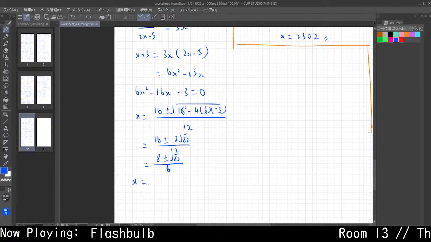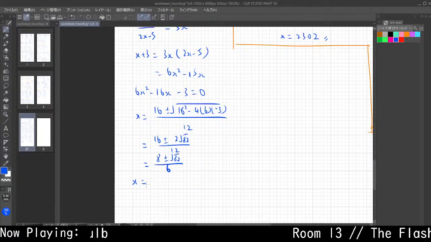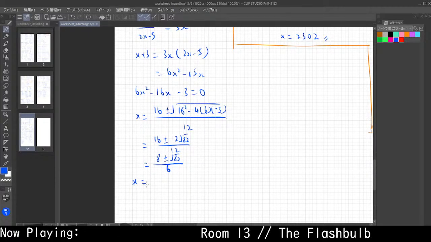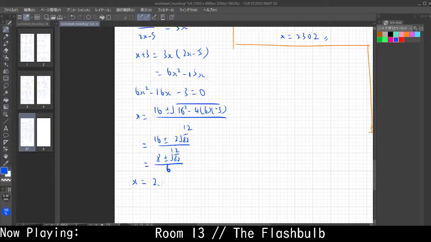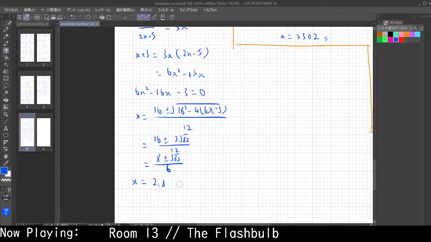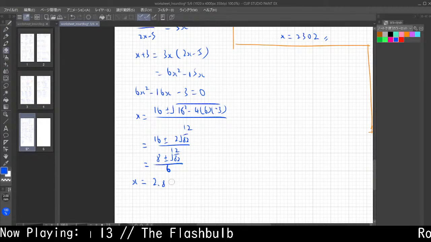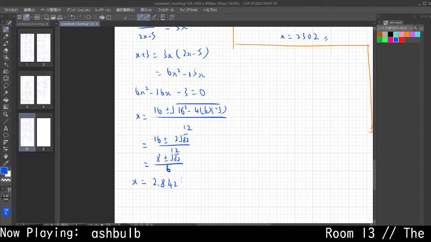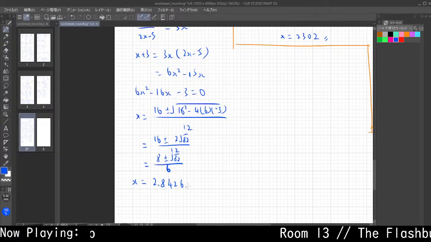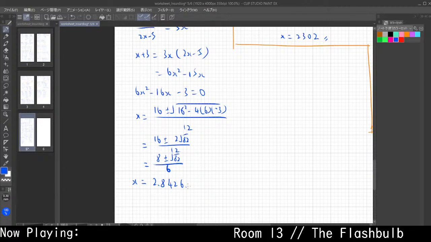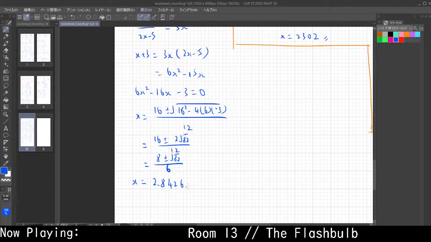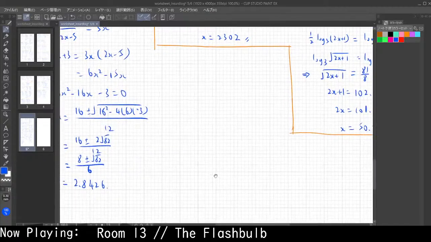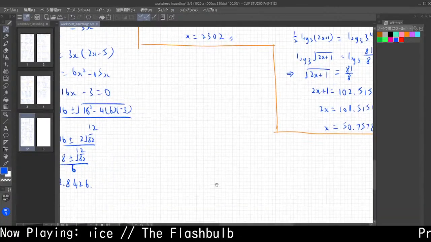Therefore, 8 plus square root 82 over 6. You get 2.8426. Okay, there we go. You can see the x numbers are not very large, although the logs might seem relatively tedious.